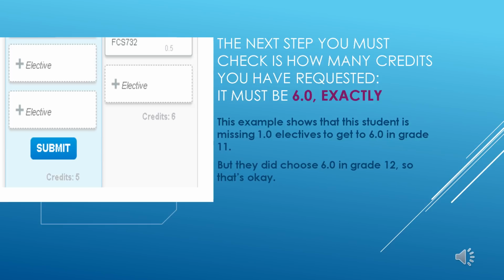If you don't make these requests yourself to fill in that missing 1 credit, then we might have to put you into a random course that you didn't really want so that we can get you to 6 credits. We would rather have you make those choices for yourself. So don't put yourself in that position and make sure you have 6 credits that you want for each school year.